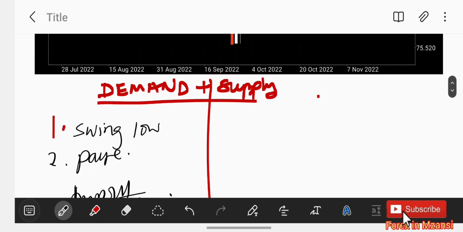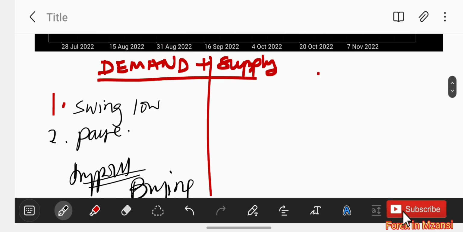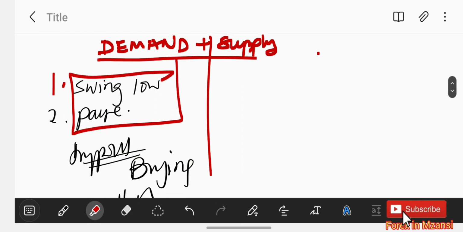And those areas of demand where the price finds support, I said, are at the swing low and a market pause. Now let's talk about the supply, where the price finds resistance. This one is basically the opposite of demand. We said the demand is found at a swing low, so this one you'll find at a swing high.